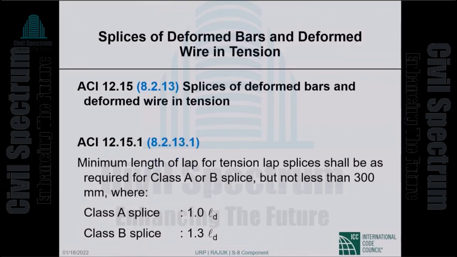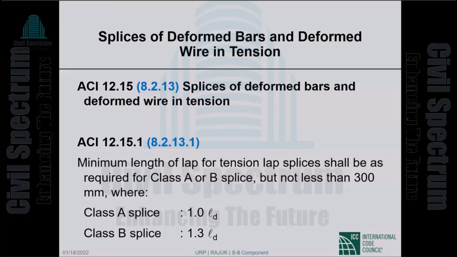Lap splices. Minimum length of lap for tension lap splices shall be as required for class A or B splice, but not less than 300 millimeters.